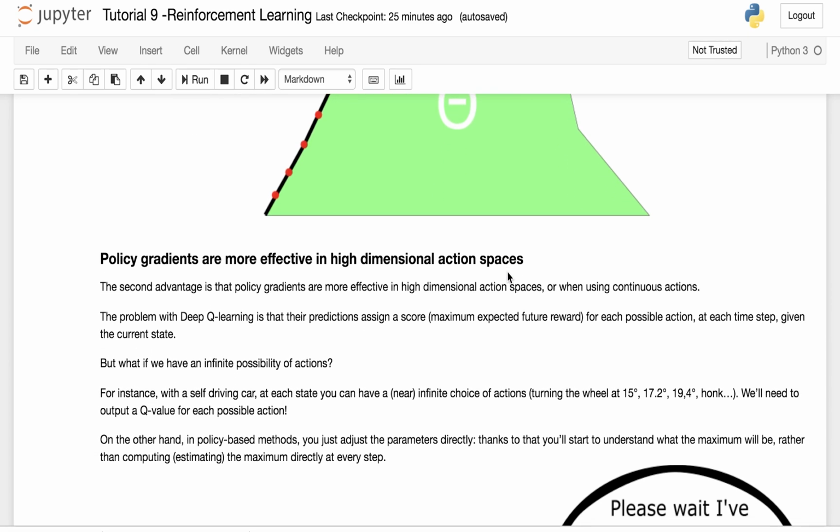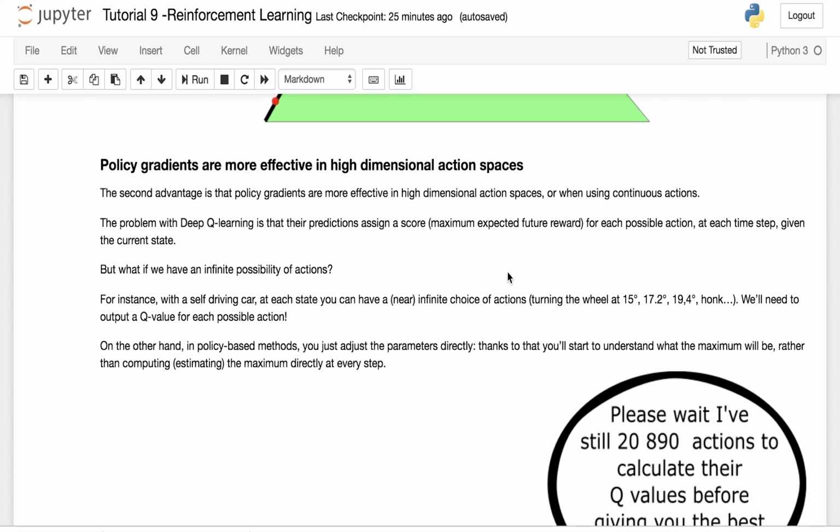The second advantage of using policy gradient algorithms is that they are more effective in high dimensional action spaces.